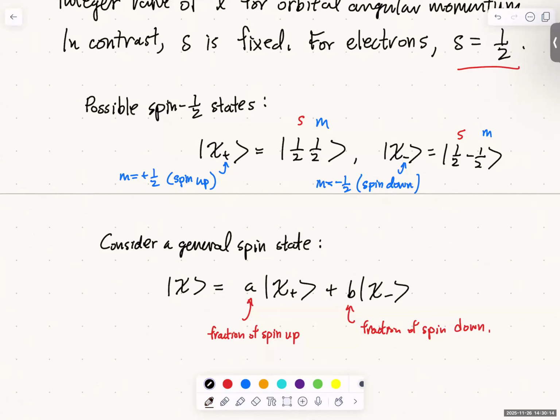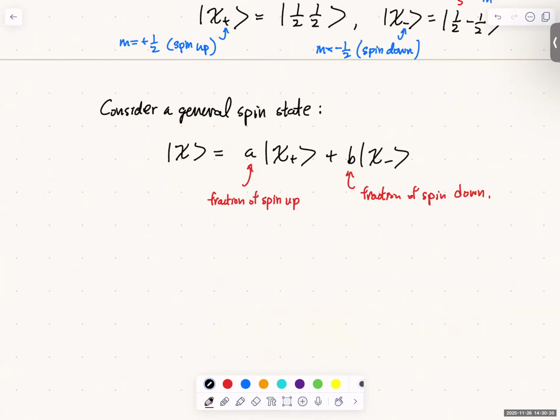Okay, so first, let's just take the inner product of this general state with itself. If it's normalized, I need this to be equal to 1. So we want to get 1.